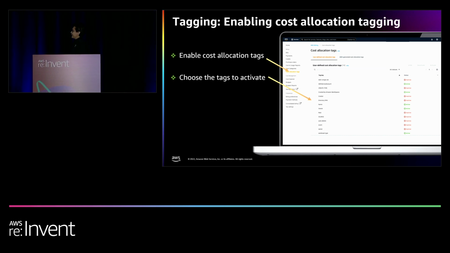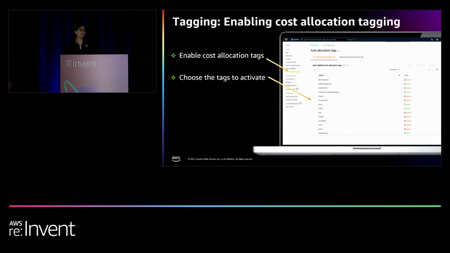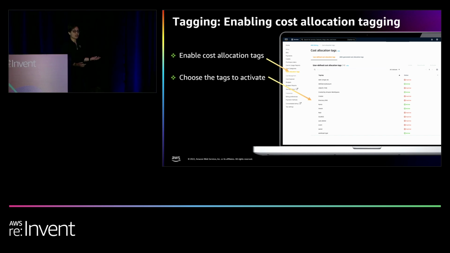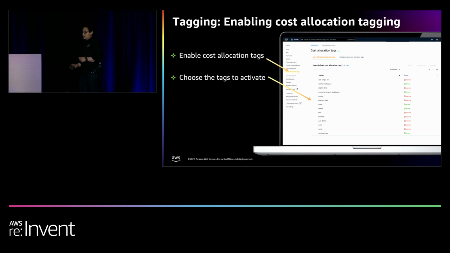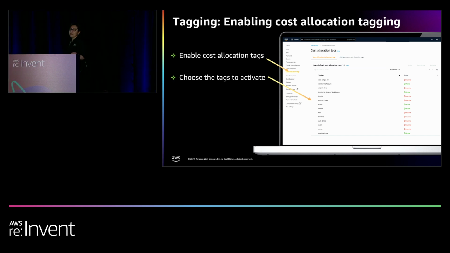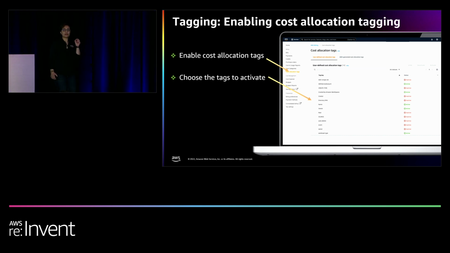What I want to point out is there are also technical tags, things like production or development. So you're talking about environment rather than cost center. Or you can also implement tags for security and other reasons. Implementing a tagging strategy is critical to give you the insight that you need into your bill, and critical to give you these filtering options when we talk about certain projects or certain applications.